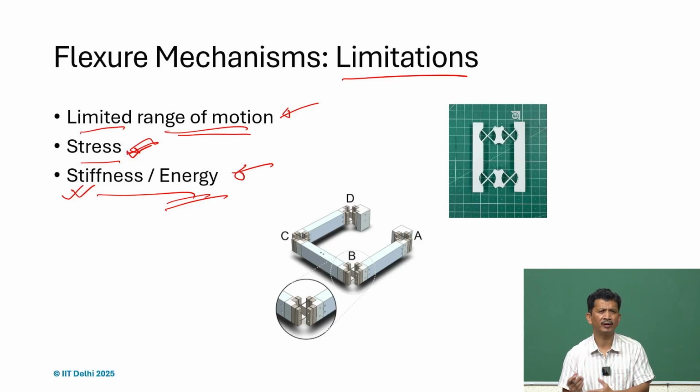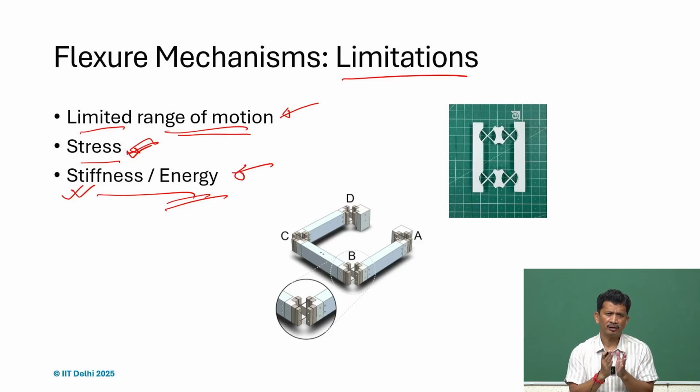So there are different methods to design for stiffness. What we studied in the earlier lectures was design for stiffness. The main emphasis was to design for higher stiffness, and that's what we talked about. But when we talk about compliant mechanisms, it's the other way around. We want to have more compliance.